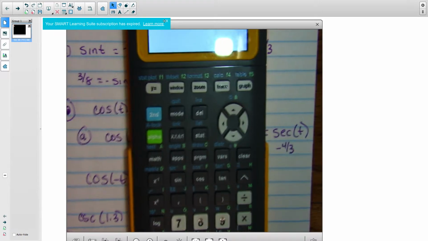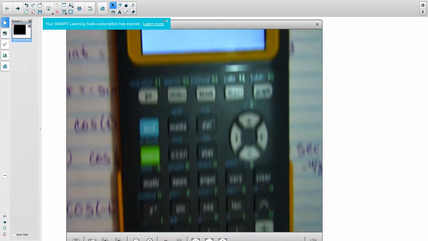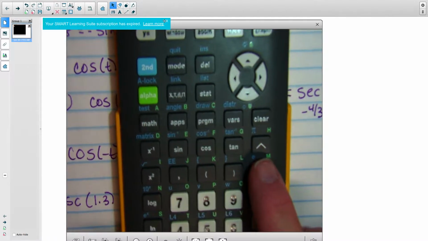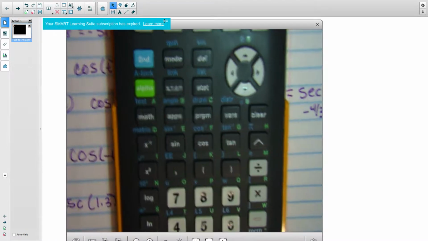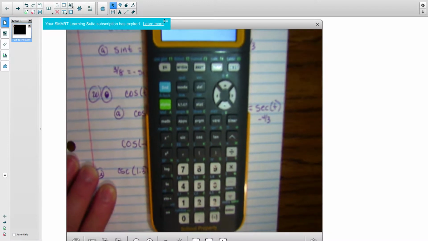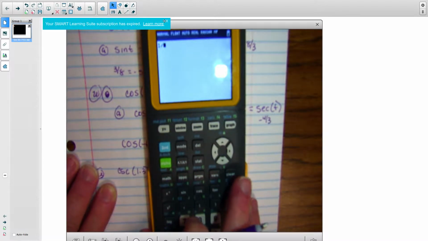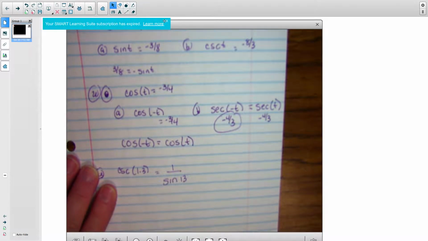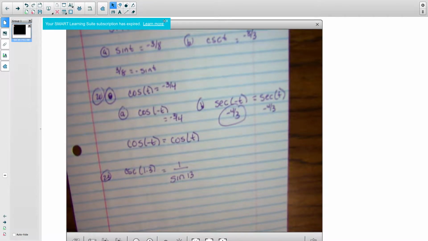So on your calculator, you're going to go 1 divided by sine of 1.3. I always close my parentheses just to make sure. You get 1.0378. Okay? Any other questions?